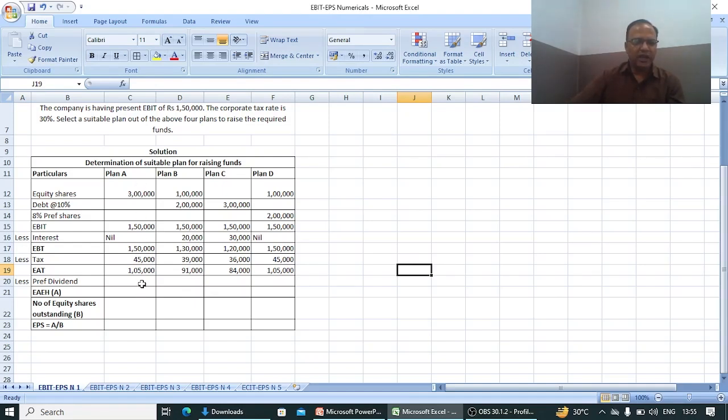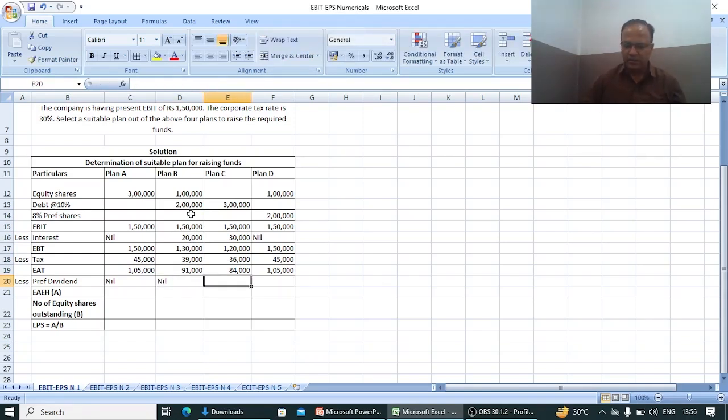First of all, check what is the amount of preference dividend in plan A. If we see plan A, it's very clear that we collected rupees 3 lakh by issue of equity. We never use preference share in plan A, so preference dividend will be nil. In plan number 2, we never use preference shares to collect the funds, so liability will be nil.